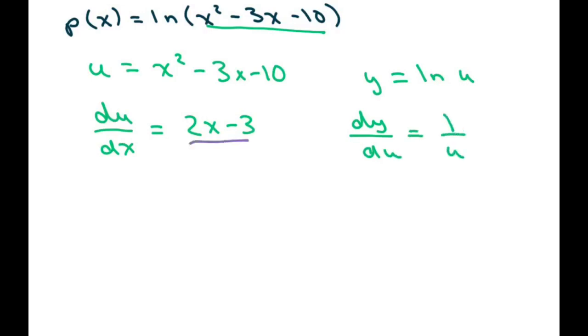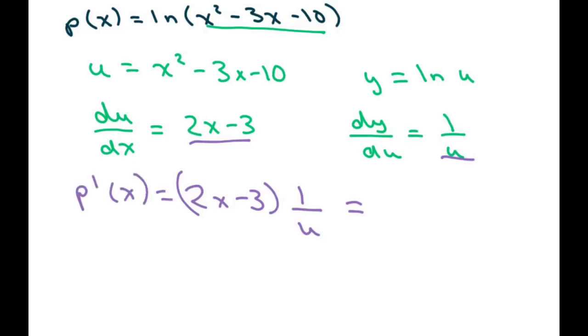Now what we're going to do is multiply these two, and you're going to get 2x minus 3 times 1 over u, and this is our derivative of p here. And simplifying this, you get 2x minus 3 over my u. My u happens to be x squared minus 3x minus 10.